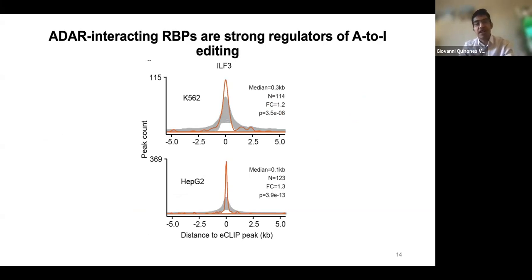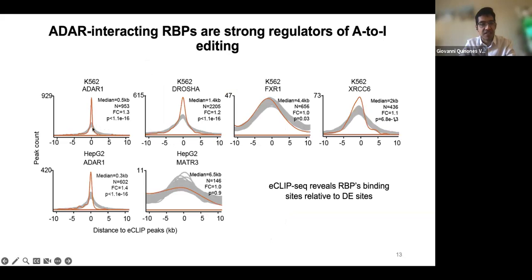One RBP that stood out from this analysis is ILF3. And here we show the same plot for this RBP in the 2 cell lines. What we observe is that the binding profile of ILF3 is very similar to that of ADAR. If you remember, ADAR has this very narrow peak.